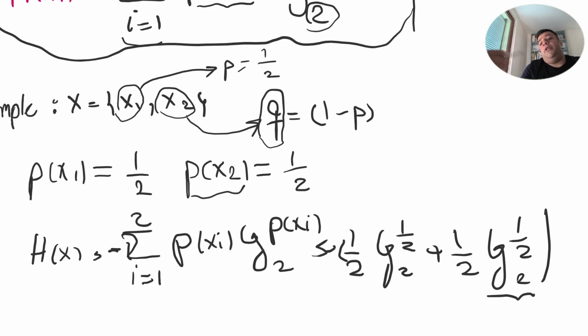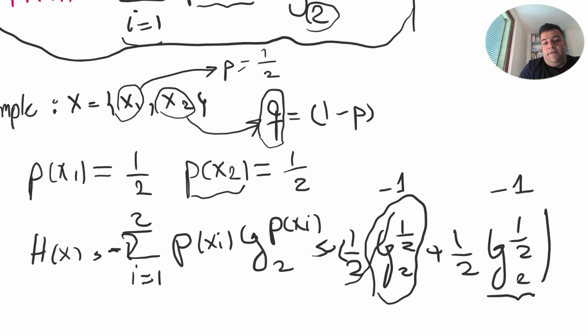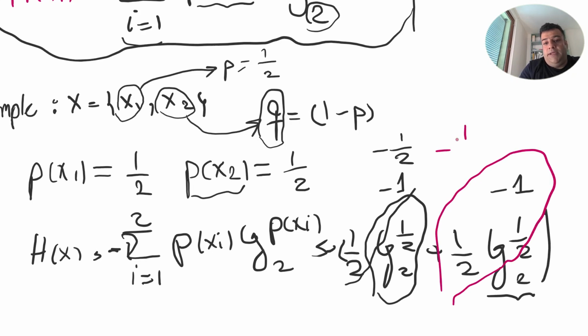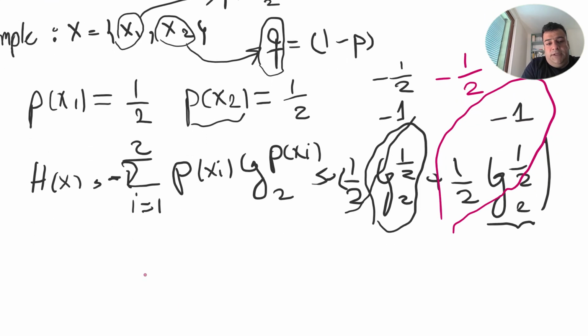We know by the logarithm that log of 1/2 in base 2 is minus 1. If you don't know any information about logarithms, please come back to my logarithm properties lesson, where I explain all of these things in detail. This part is minus 1, and therefore it is minus 1/2, and also this part is minus 1/2. Our calculation is something like this: minus of minus 1. Therefore our total answer is 1.